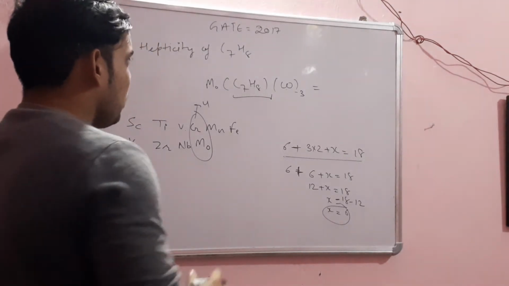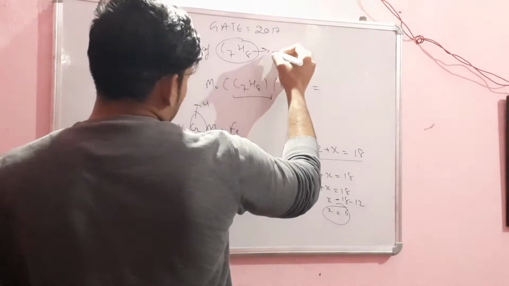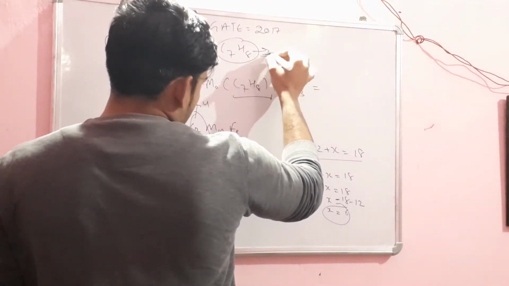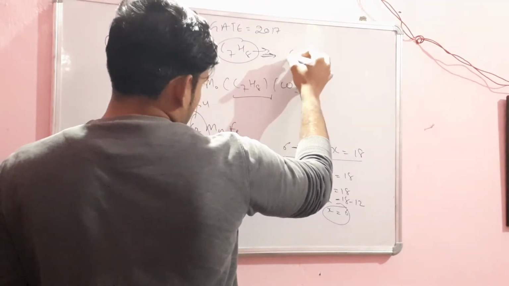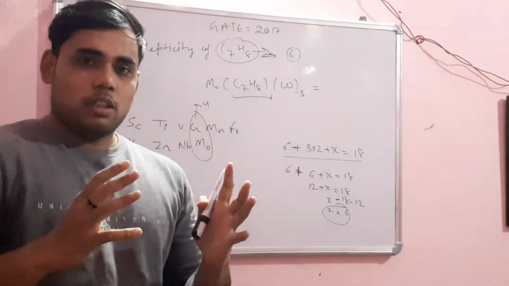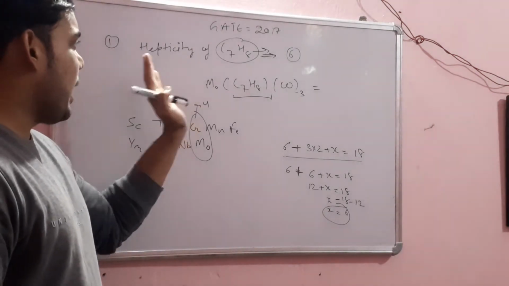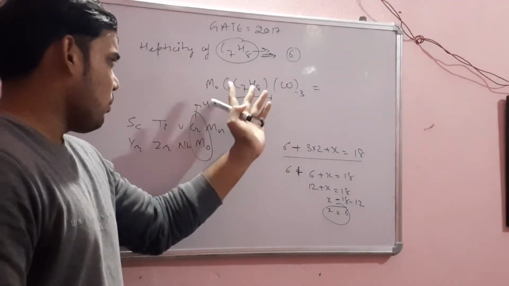So the answer for this question is that the C7H8 hapticity will be equal to 6. Okay, so that's your first question. I'll repeat myself. Your question is the hapticity of C7H8 in this compound.